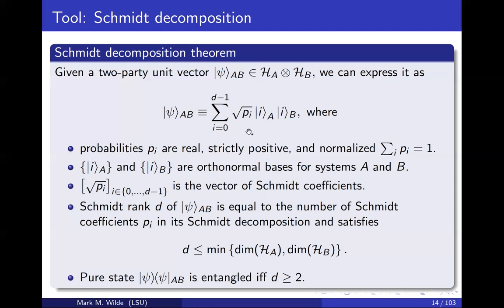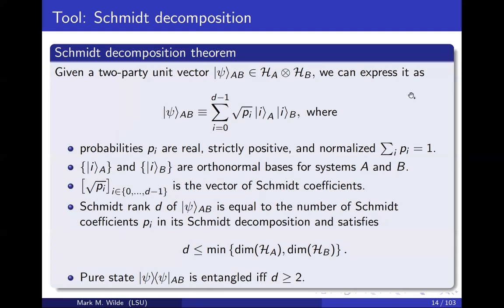To compute the Schmidt decomposition, you'd use the singular value transform, which means that you can figure out the Schmidt decomposition in time polynomial in the local dimensions of the states. So that's something you could execute on your computer in MATLAB, for example. And then a key conclusion is that a pure state is entangled if and only if the Schmidt rank is greater than or equal to 2.